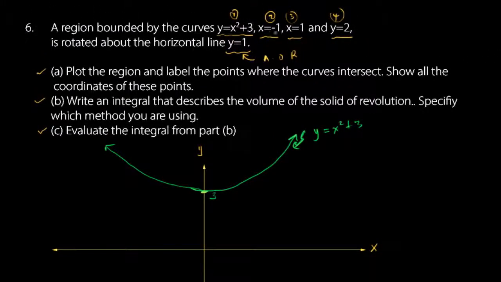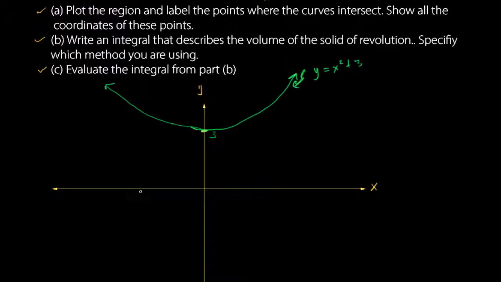Then the next one says x equals negative 1. Negative 1 falls in this region here. So this is negative 1. Again, nothing fancy. That's the line x equals negative 1.